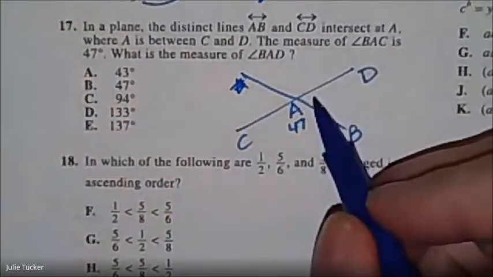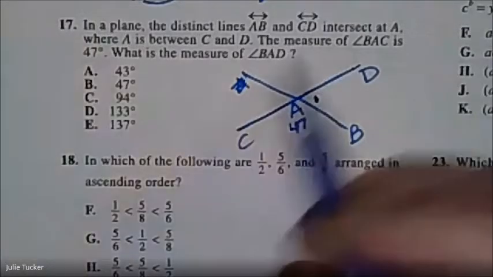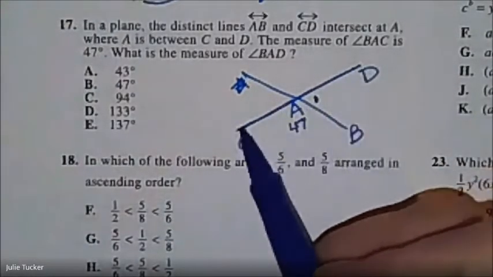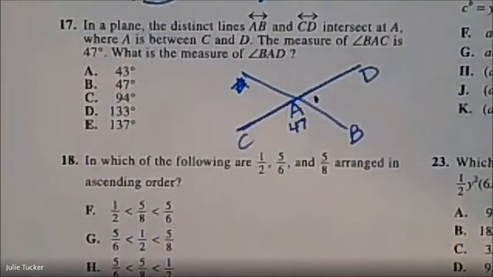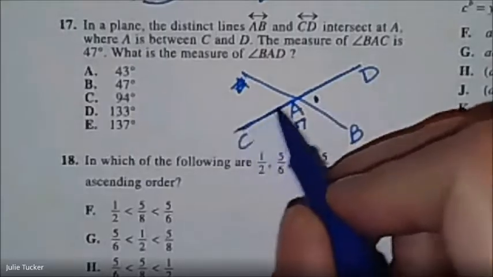So how can I find this angle over there? There's nothing to plug in. What do I know about straight lines? It makes a linear pair that adds up to 180. When you have a straight angle, it's 180 degrees.